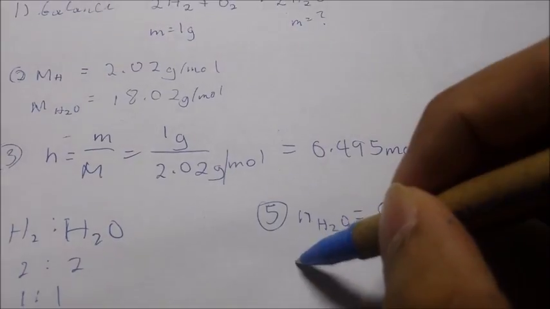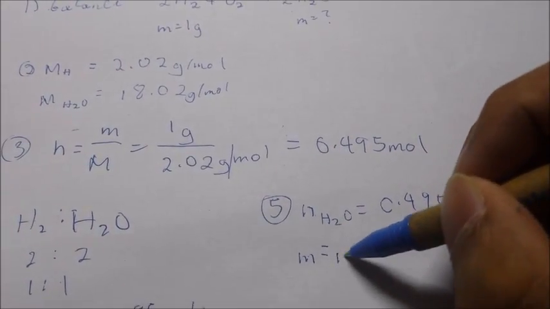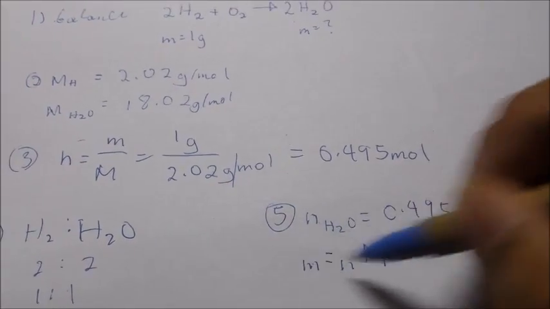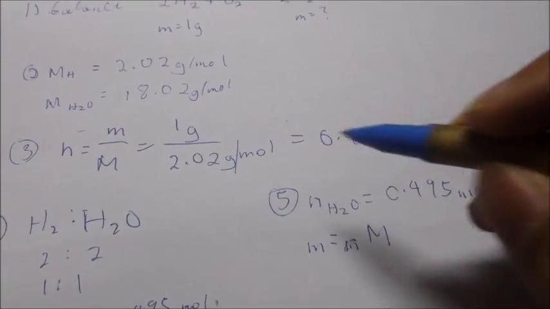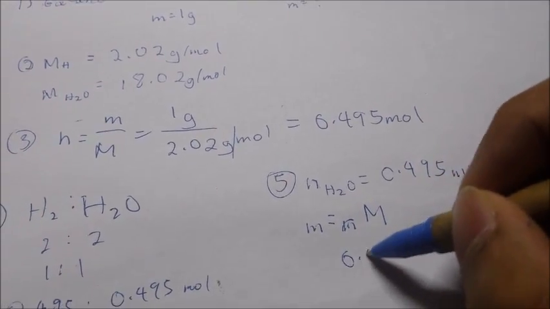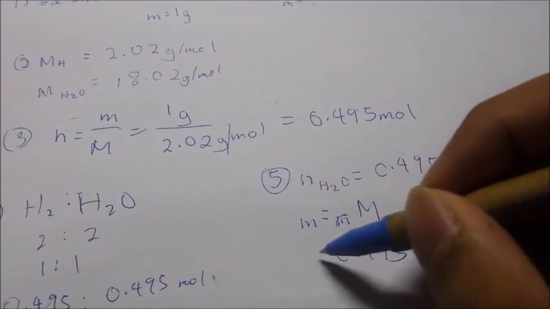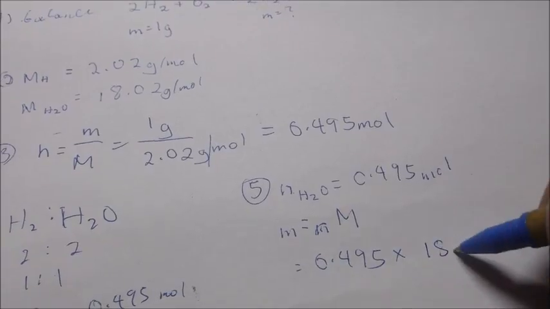We're gonna use this equation to look for the mass, because they're asking how much water we're gonna get. So we're gonna use this formula, and we're gonna have 0.495 times 18.02.